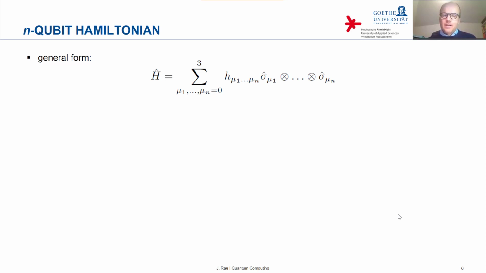For a single qubit, if you consider an arbitrary observable in single qubit Hilbert space, in the standard basis that is represented by a Hermitian 2x2 matrix. A Hermitian 2x2 matrix is specified by 4 real numbers, so 4 real parameters.